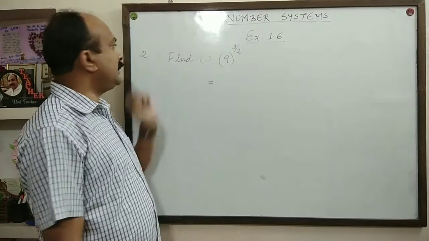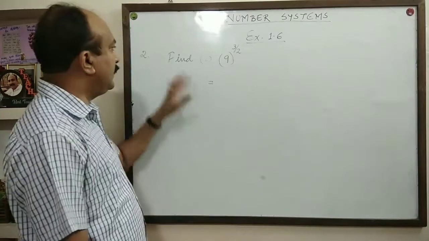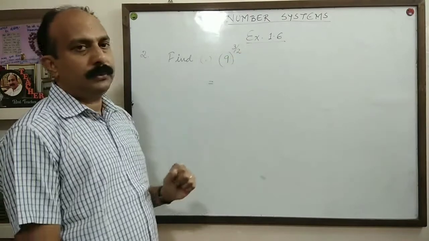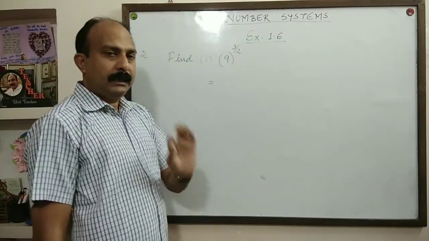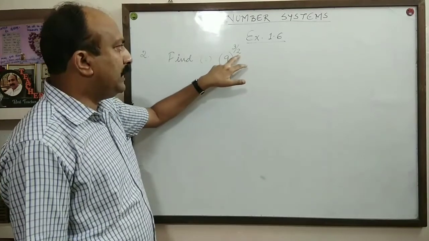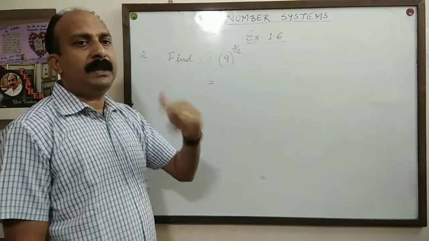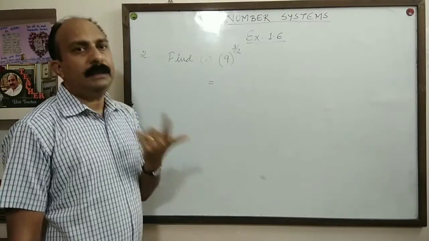Now see question number 2. Again same type. Find the value of 9 raised to 3 upon 2. The method is saying denominator of the exponent is 2, so change the base into something power 2. 9 is 3 power 2.